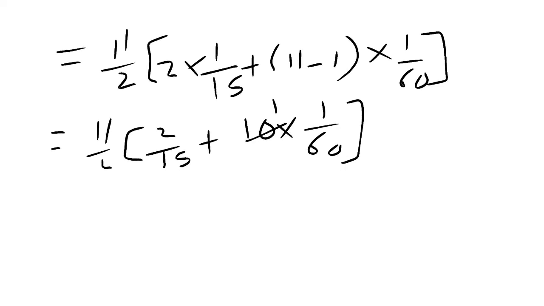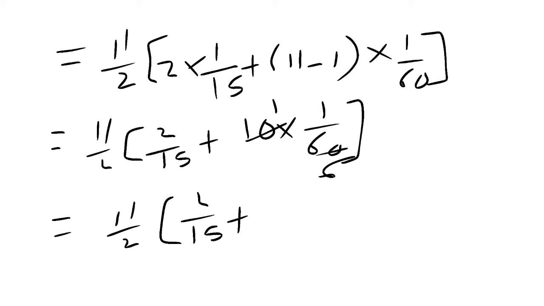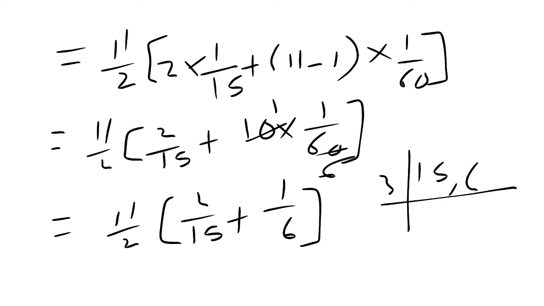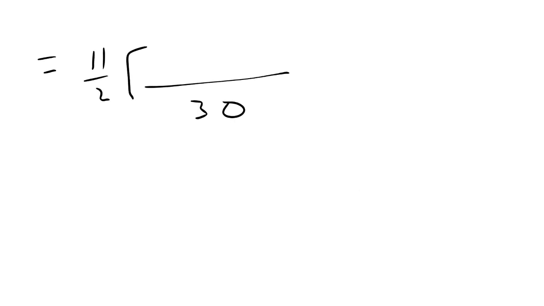So 10 ones are 10, 6 tens are. So 11 by 2 into (2 by 15 plus 1 by 6). Let's find the LCM of 15 comma 6. 3 fives are 15, 3 twos are 6, 15 twos are 30. So 11 by 2 into 30 is the LCM.